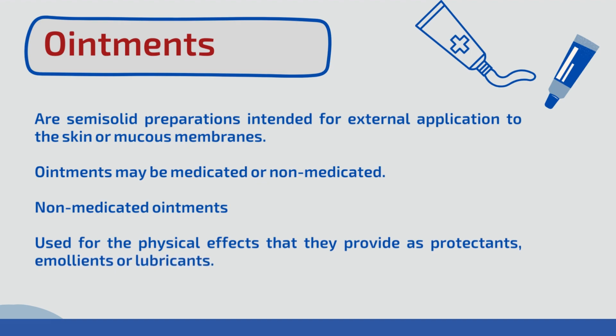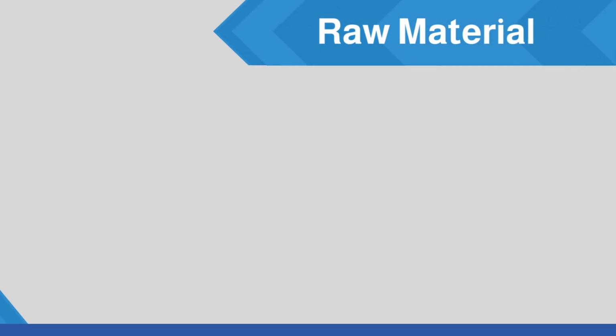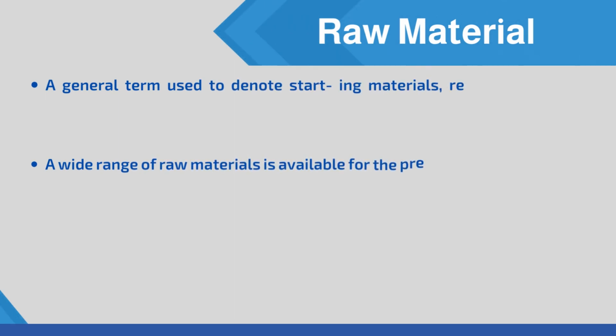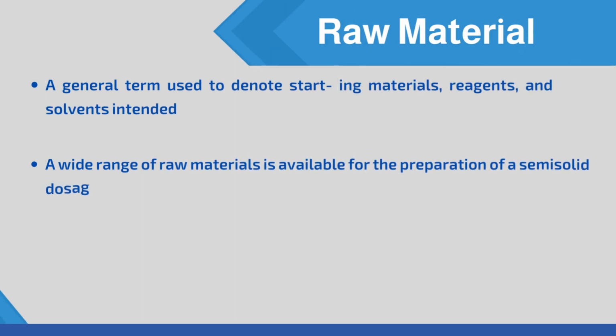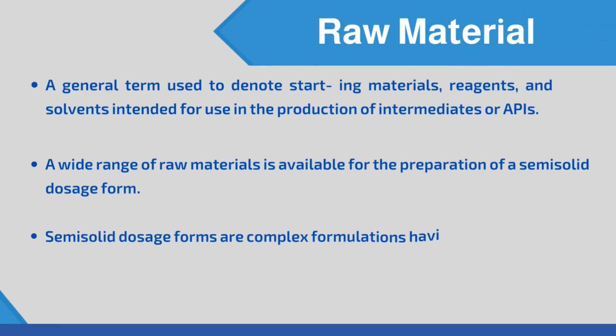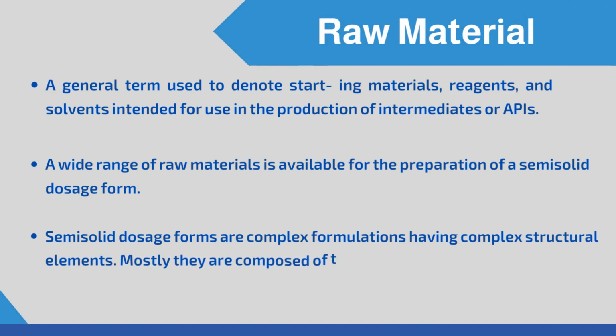Raw material is a general term used to denote starting material, reagent, and solvent intended for production of intermediate or active pharmaceutical ingredient. A wide range of raw materials is available for the preparation of semi-solid dosage form. Semi-solid dosage forms are complex formulations having complex structural elements.